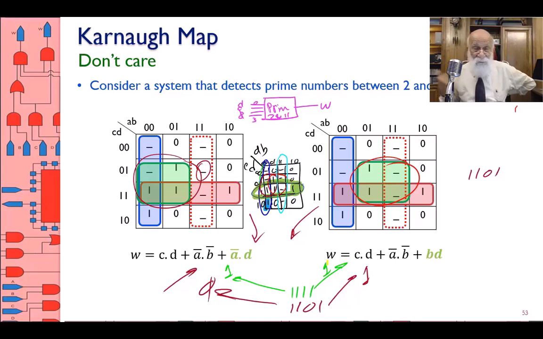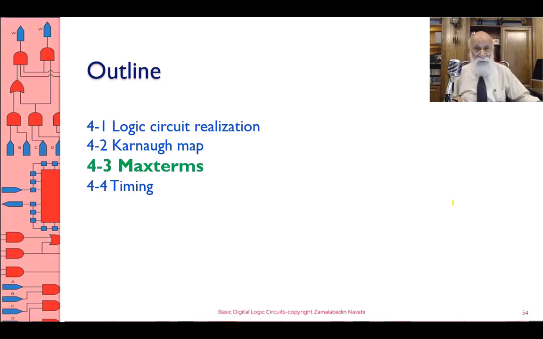It says 15 is a prime implicant, but see, 15 is not in my range anyway, and therefore it doesn't matter. The reason it gives me a 1 in both cases is because in both cases, it is covered by this essential map, the horizontal 4. That's it with don't cares. We go into max terms next.